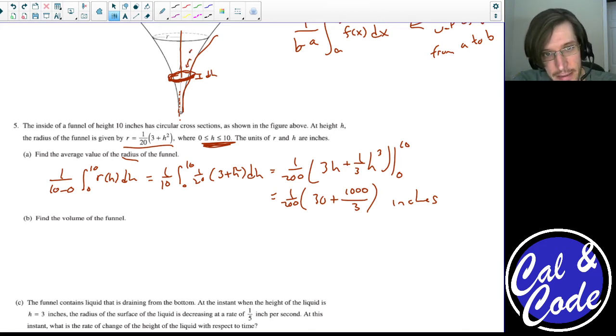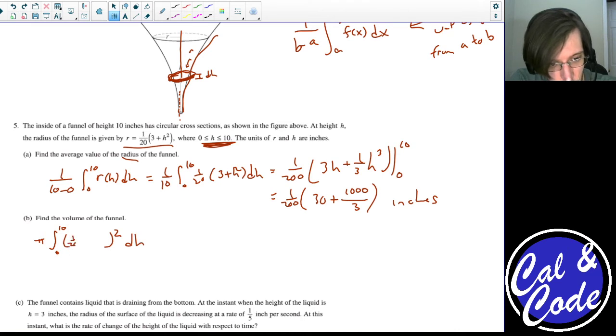I know the radius, and we'll sum them all up. To do that, we're going to integrate this thing. The radius, pi r squared, is the area. So basically I need to integrate the area times the width. So the area is pi, the radius function squared, from 0 to 10 dh.